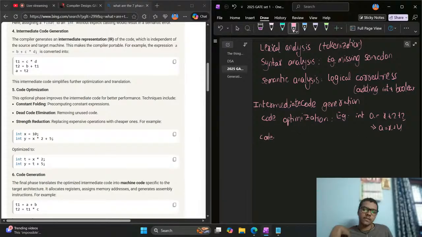And code generation: assembly or binary.